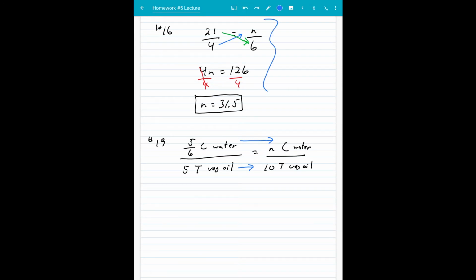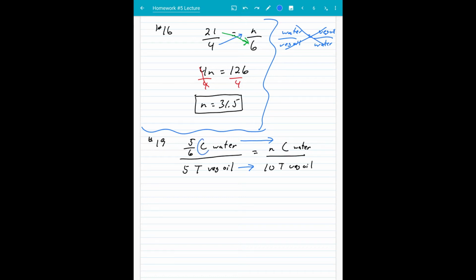Let's say you had water to veggie oil, and then you accidentally put veggie oil on top of the other one to water. This would not be proportional because the units of measurement do not match. They got to match. So the top units have to be the same thing that we're talking about. They both have to be talking about water. Got to make sure we're talking about water, and they have to be cups of water.